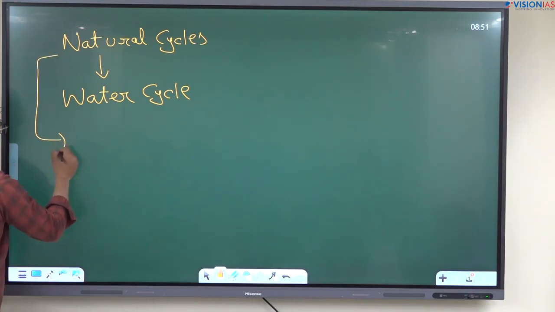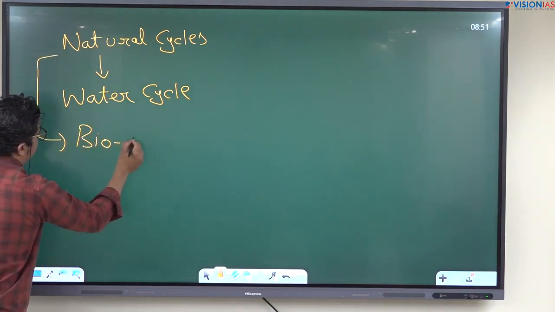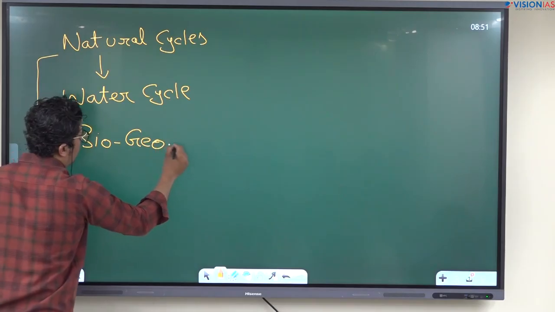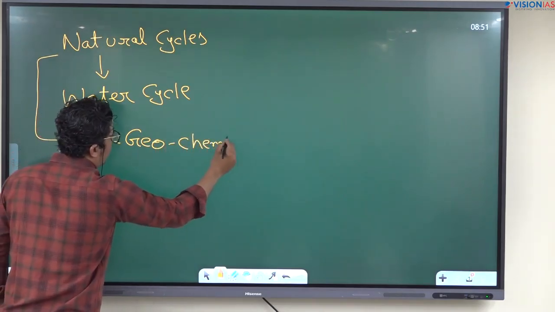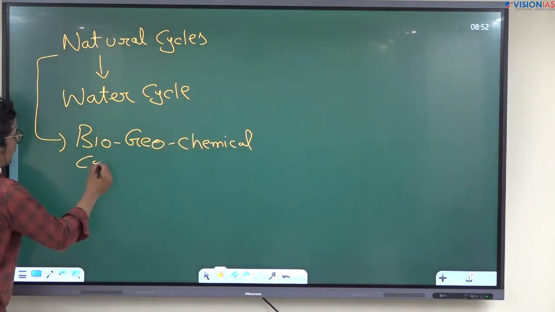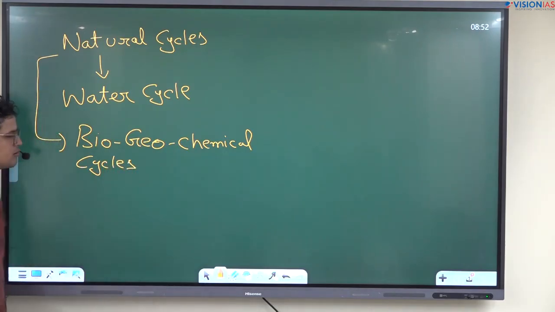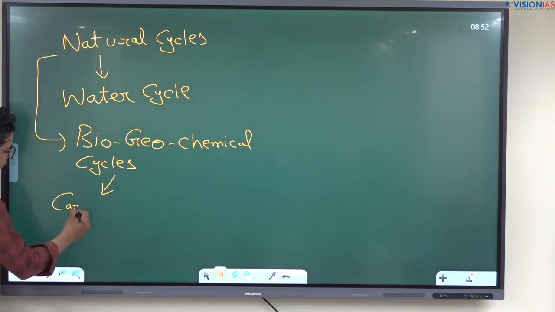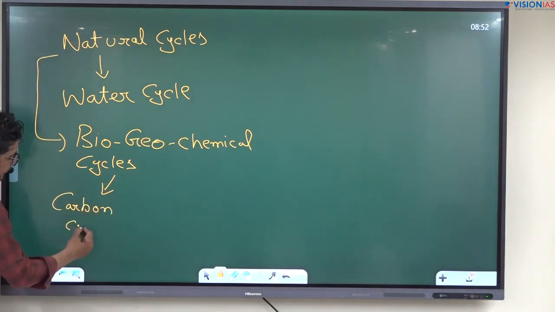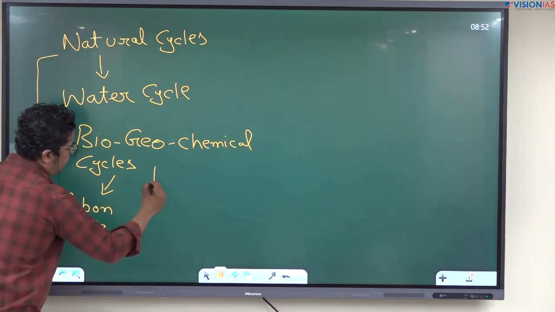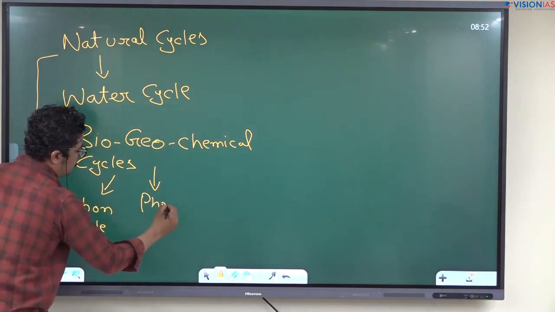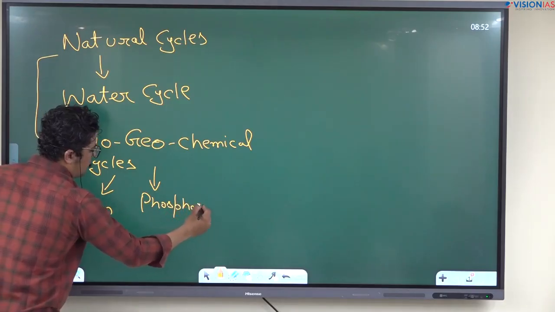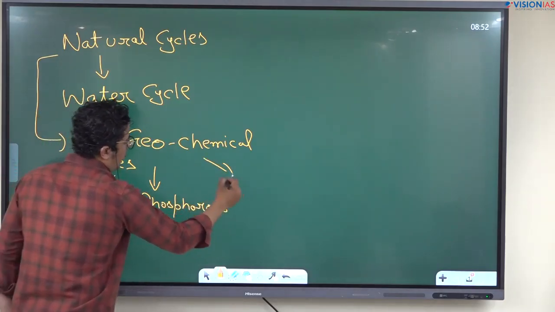These natural cycles are called biogeochemical cycles. What do you call these natural cycles? Biogeochemical cycles. There are other natural cycles as well, like the carbon cycle or the sulfur cycle.